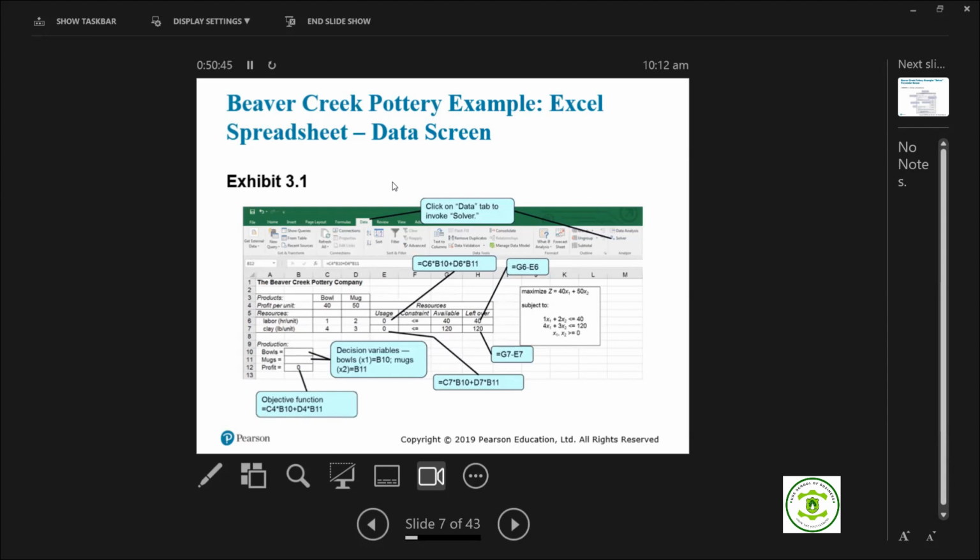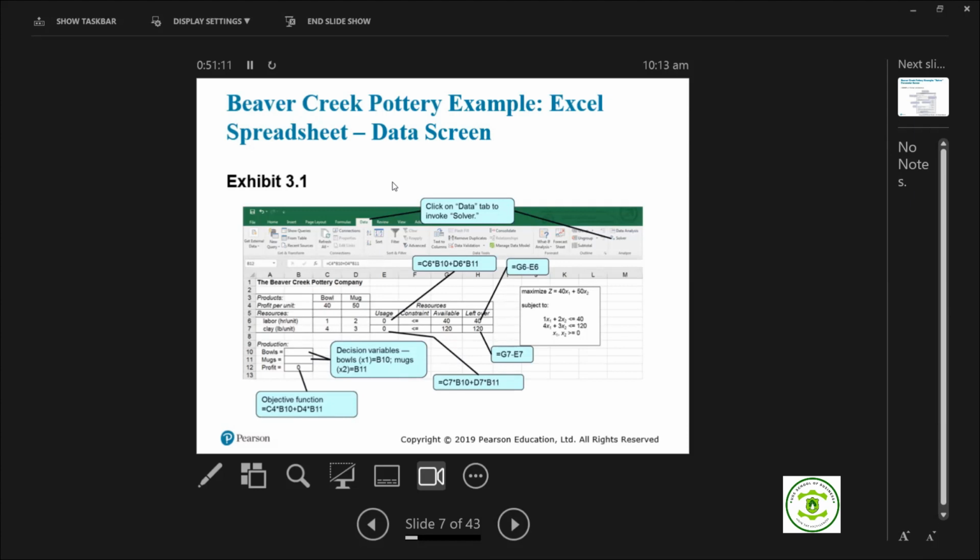And then also, instead of clay being 120, if we make it 180, what will happen to the profit? The same thing, instead of this being 1, if it is 3, what will happen? Instead of this being 4, if it is, say, 5, what would happen? That is what sensitivity analysis is all about.